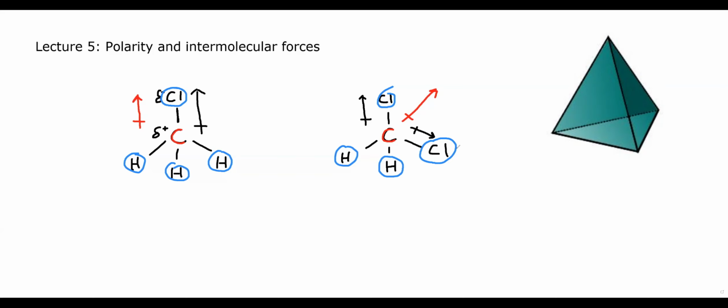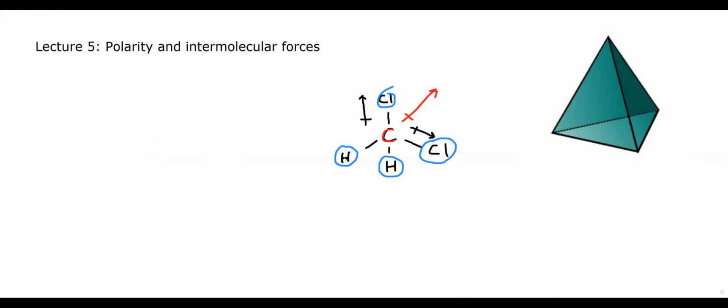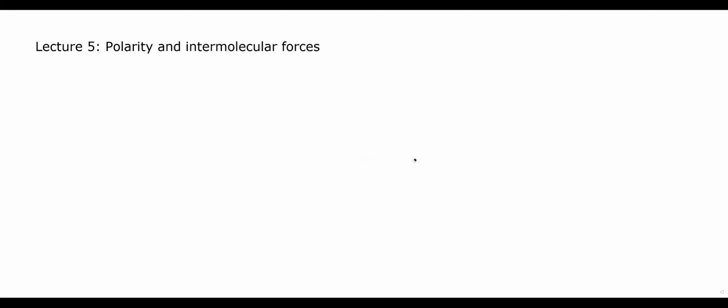We're going to look now at an example showing why that's important, okay? Let's consider the overall dipole of water.